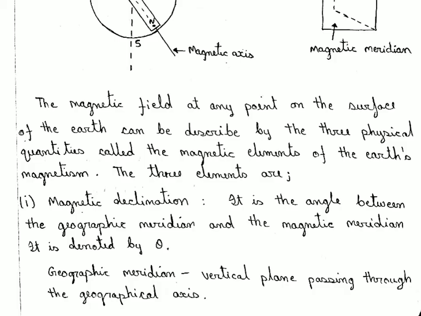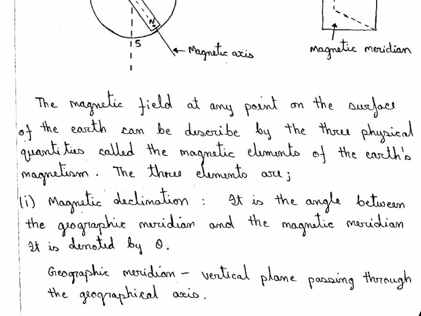Now, the magnetic field at any point on the surface of the Earth can be described by three physical quantities, and these quantities are called the magnetic elements of the Earth's magnetism. The three elements are, number one, the magnetic declination. This magnetic declination is the angle between the geographic meridian and the magnetic meridian, and it is denoted by theta. Now, what are the geographic meridian and the magnetic meridian?